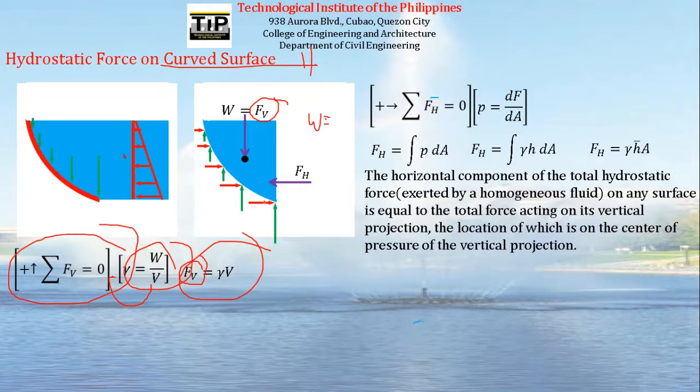If given the dimensions of the curved surface, we get its volume and multiply it by the unit weight of water. That's how we determine the weight. And then F sub B is what resists this. It is the force upwards that will resist the weight that is downwards.